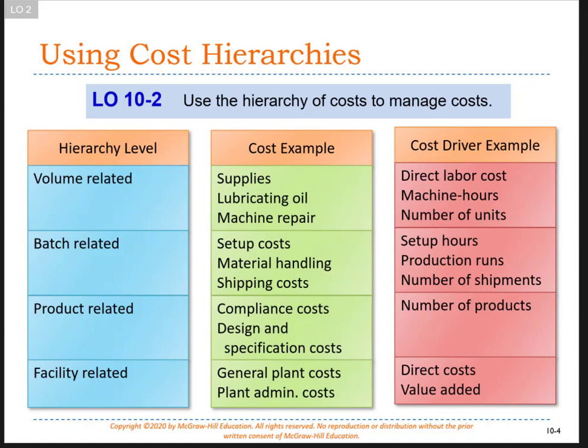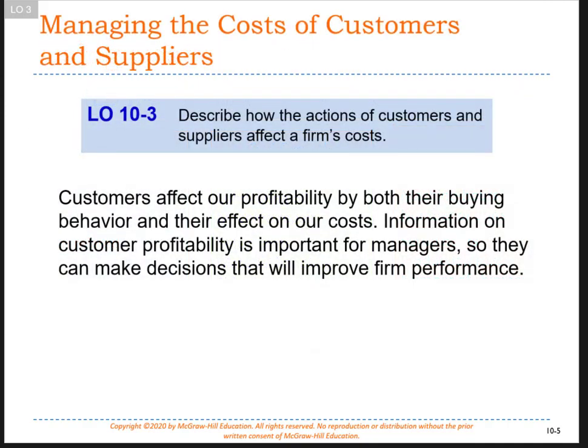Because increasing the size of the batch isn't going to change anything volume related. Okay, because we're going to create the same volume. We're just going to do it in fewer batches, which would manage our batch related costs differently than we are currently doing. So having the hierarchies kind of in the back of our mind will help us uncover where the costs are that we need to manage.